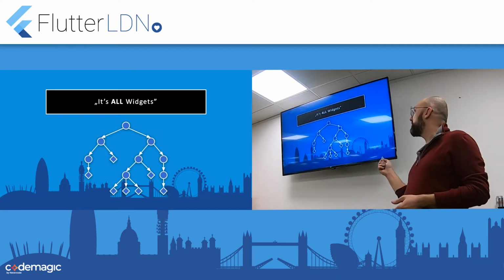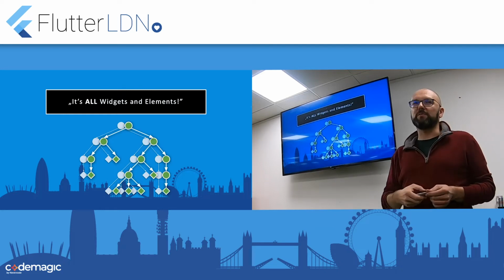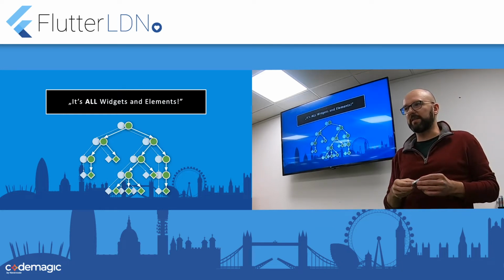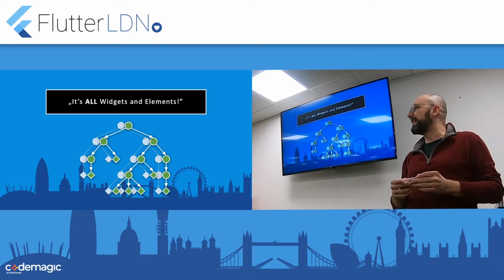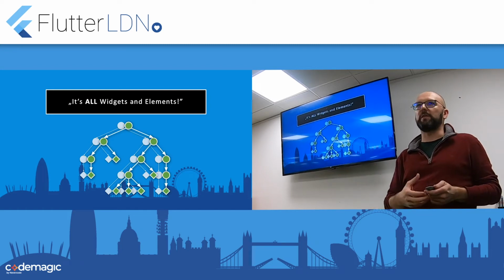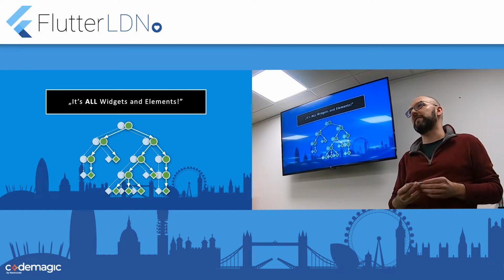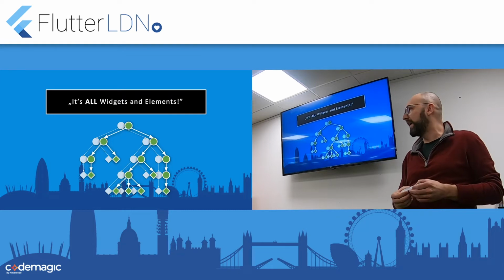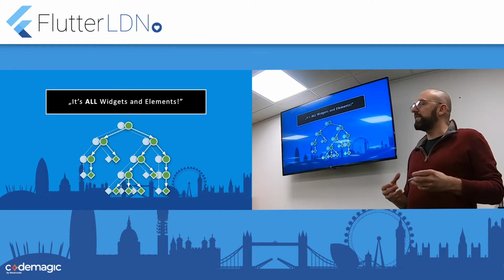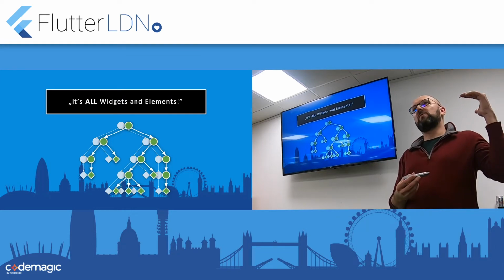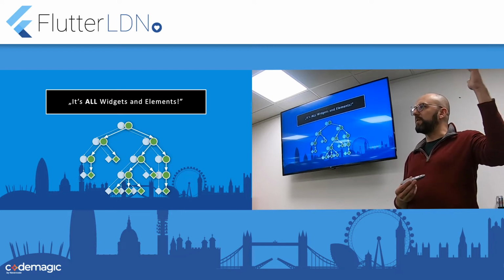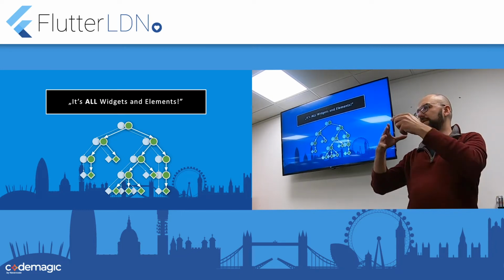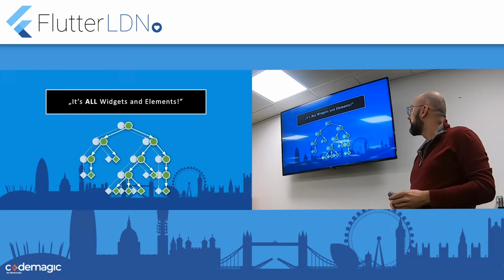What we write is mostly widgets, but often we deal with elements. The difference between them is that widgets are sort of a blueprint, or they are often referred to in the documentation as a configuration. They are not really a one-to-one mapping to an instance of, let's say, our layout on a screen.